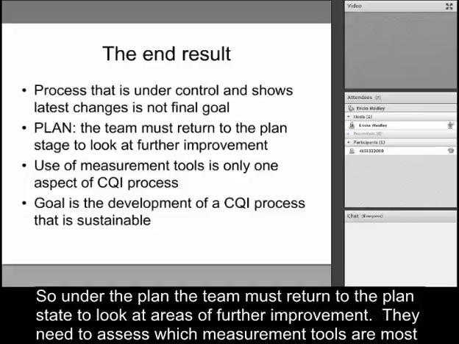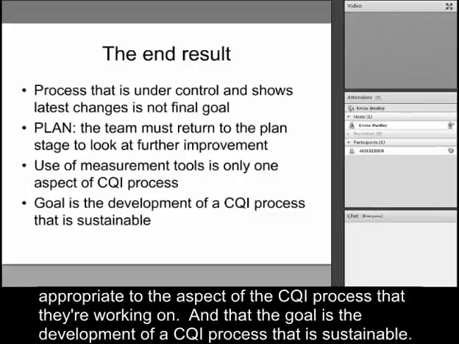So under the plan, the team must return to the plan stage to look at areas of further improvement. They need to assess which measurement tools are most appropriate to the aspect of the CQI process that they're working on, and that the goal is the development of a CQI process that is sustainable.